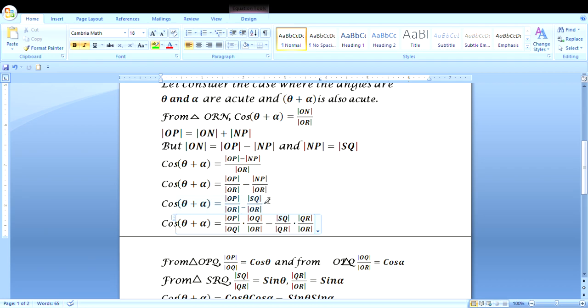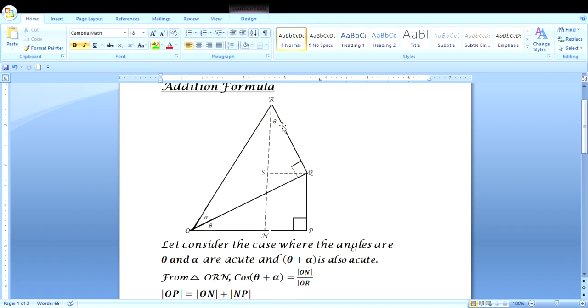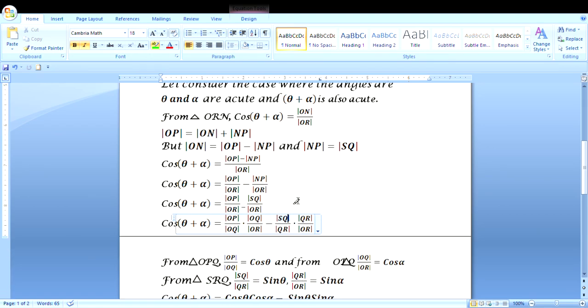Similarly, the line SQ over OR can also be expressed as the line SQ over QR times the line QR over the line OR. This is because of the fact that we are considering these angles, the acute angle theta and alpha.